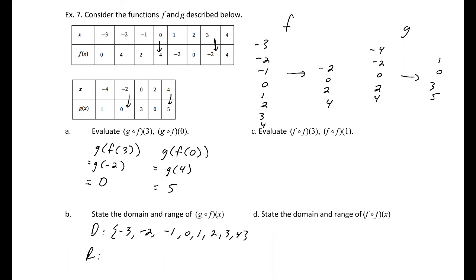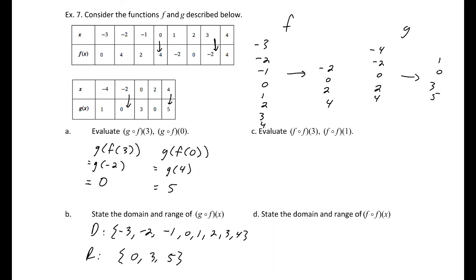But our range ends up being everything except for 1. It doesn't actually get mapped to, because we're not including this -4, and the -4 actually goes to 1. So only these 3 are part of our range.